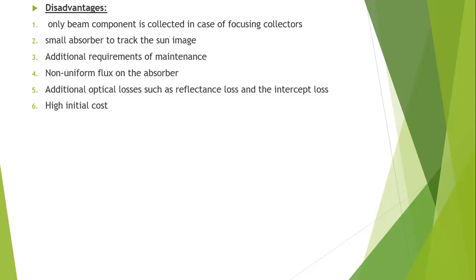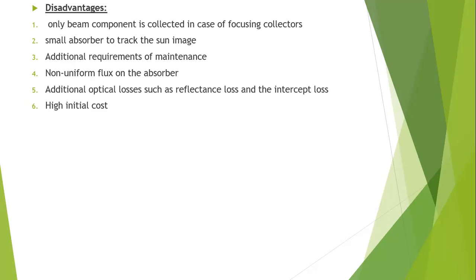So this is quite uneven solar radiation we are getting, which results in non-uniform flux on the observers. But when you compare this with the flat plate collectors, overall the flux will be uniform on the flat plate collectors, because direct solar radiation will be absorbed by the black coating on the even flat plate collectors.